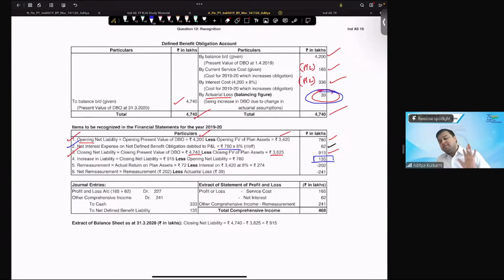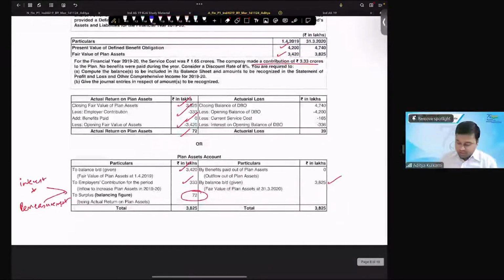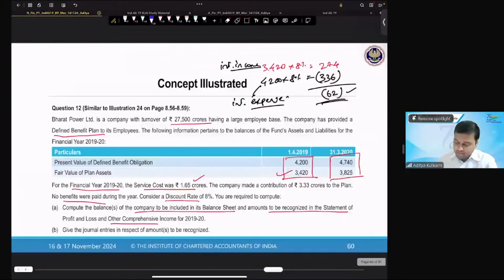Is there a remeasurement of assets which is happening? Yes, I told you. This 72 comprises of two things. One is interest. What is the interest value which we have calculated just now? 274.